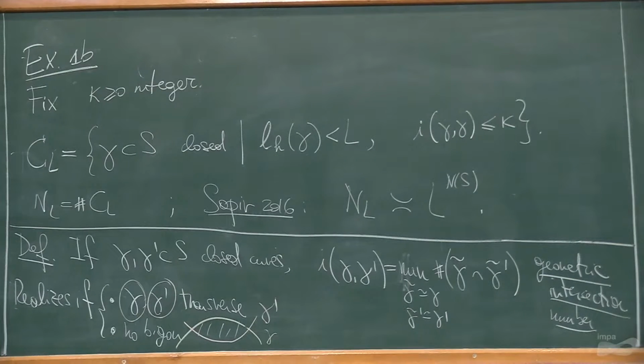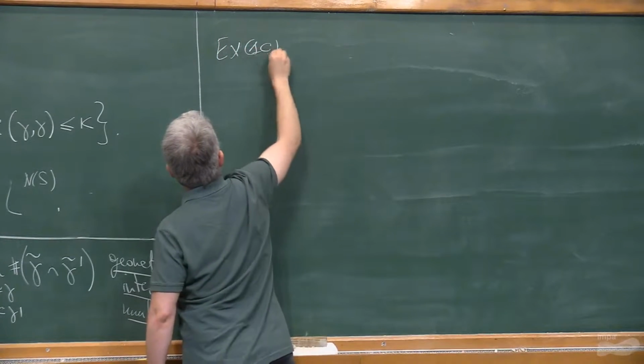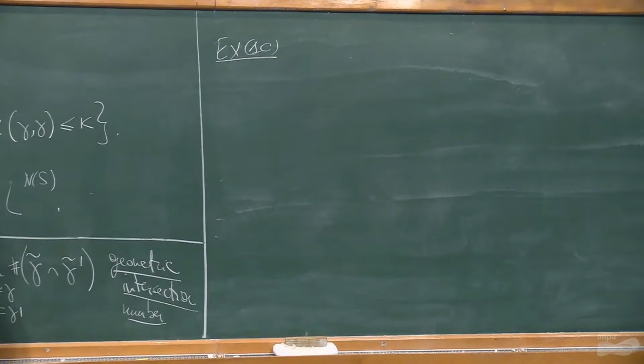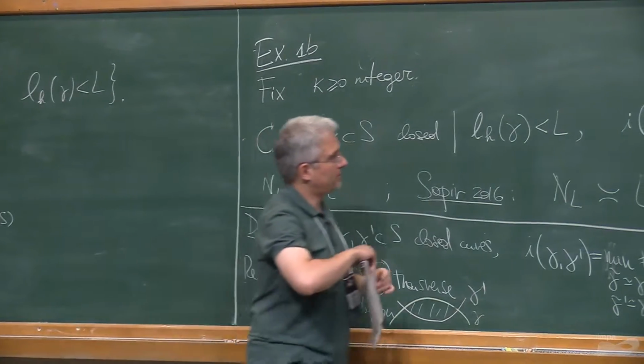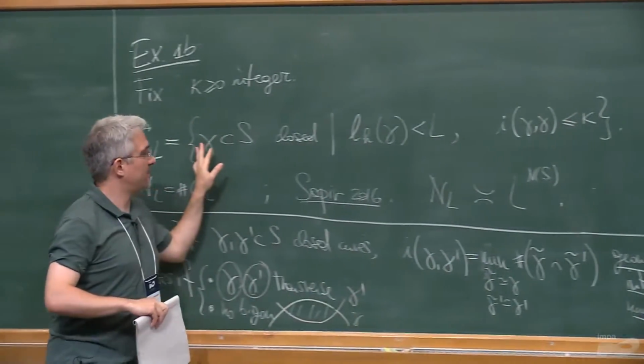Okay, just a few more variations of these examples. One C, you can take all curves of certain types.